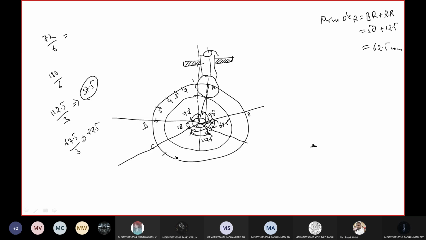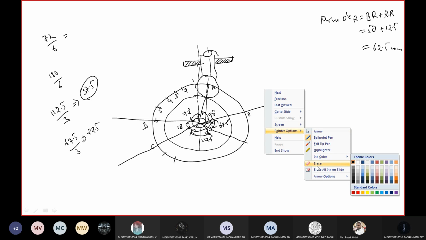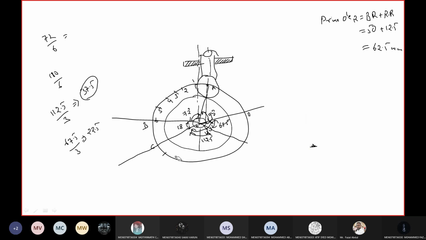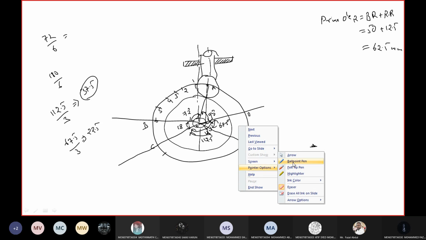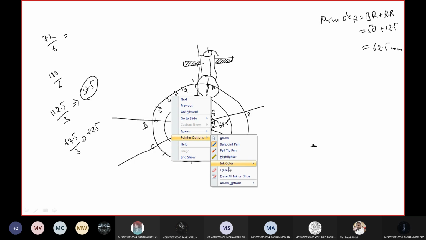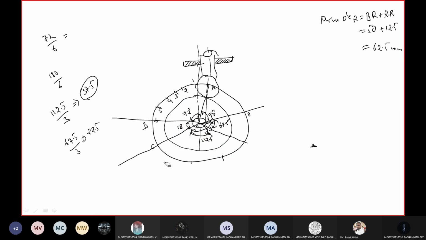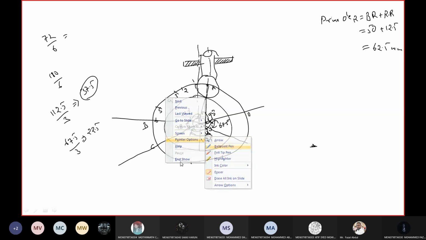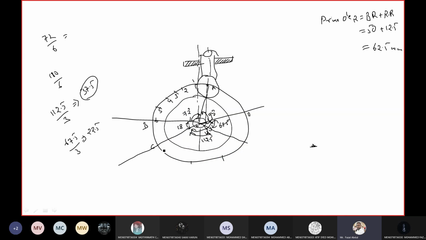This is 1, this is 2, this is 3. Now give the naming in reverse manner: 6, 5, 4, 3.